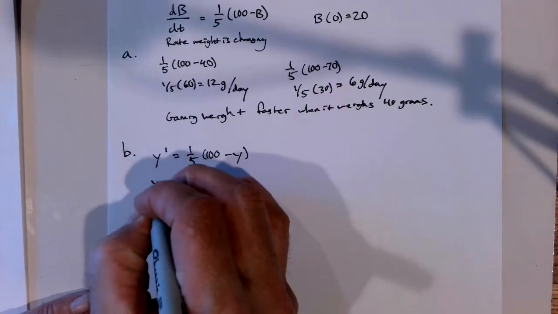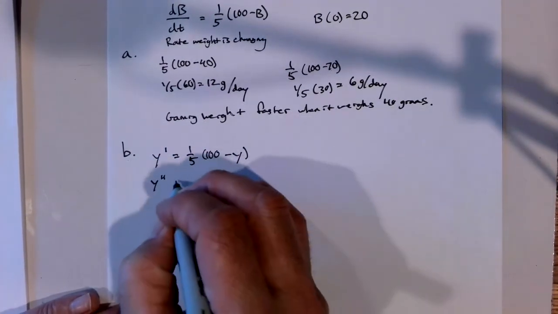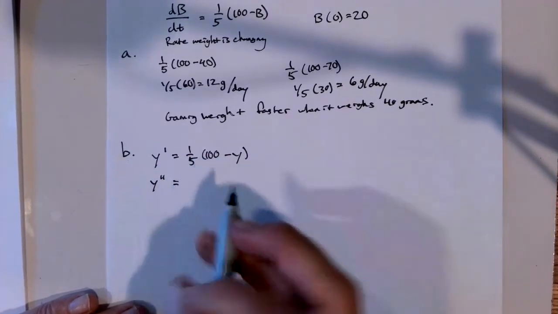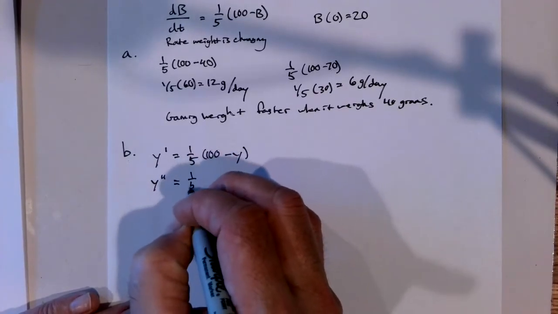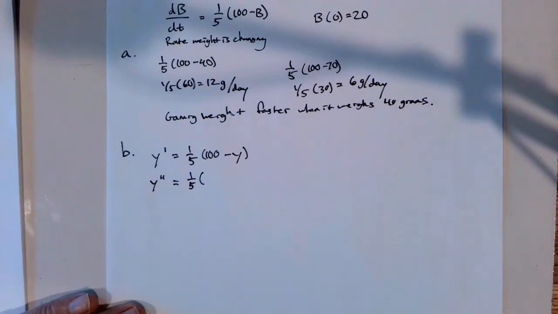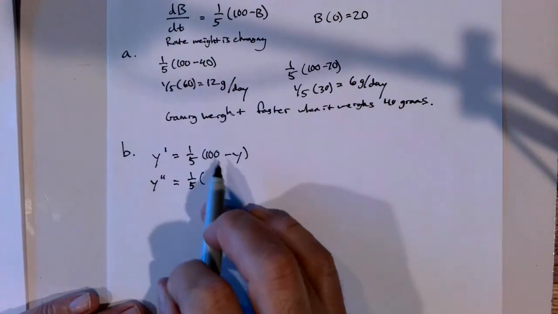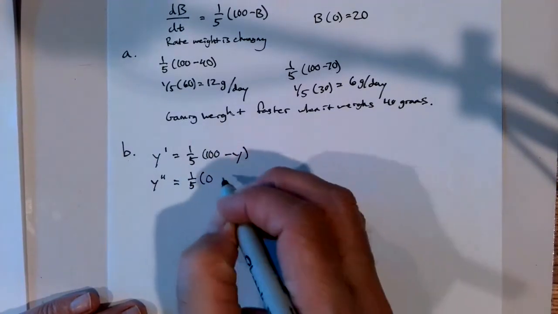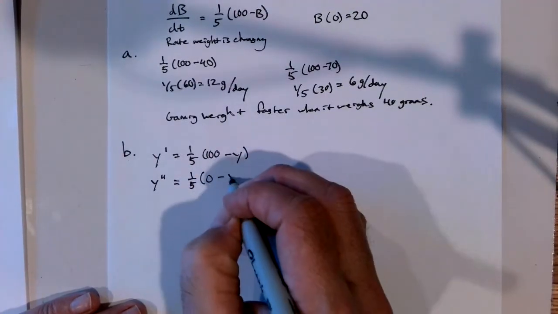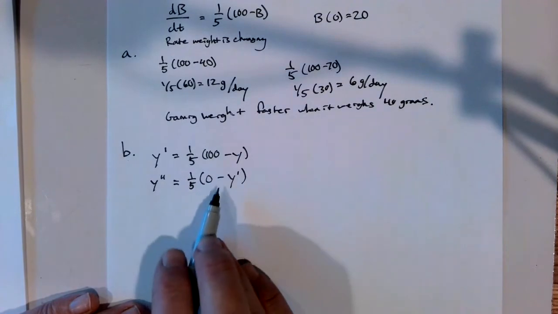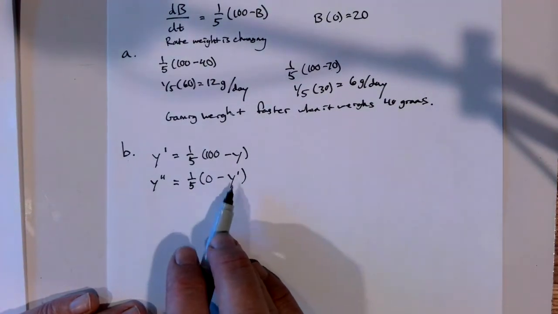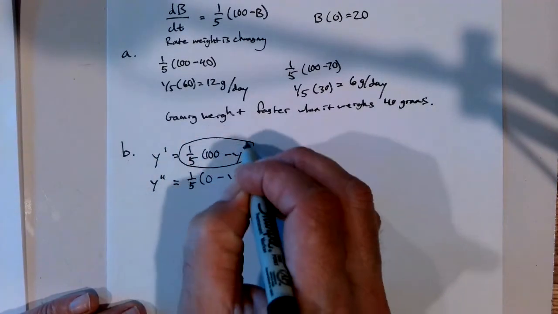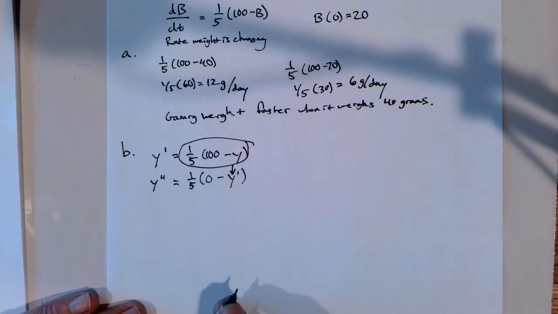If you remember, we find y double prime, that would be equal to, the constant just stays alone, 1/5 times 100 minus y. Well, what's the derivative of 100? It's 0 minus, and what's the derivative of y? It's y prime. Well, what are we going to put in place of y prime? We're going to put this guy right back there.